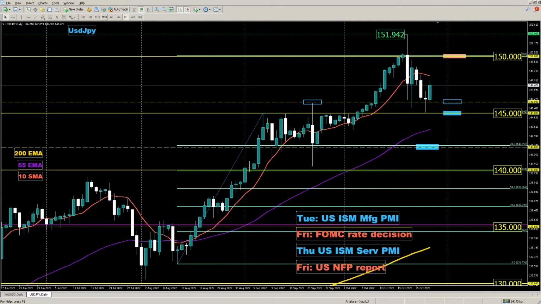And we'll likely see this range for next week as well, from 146 to probably just below the 150, perhaps 149.